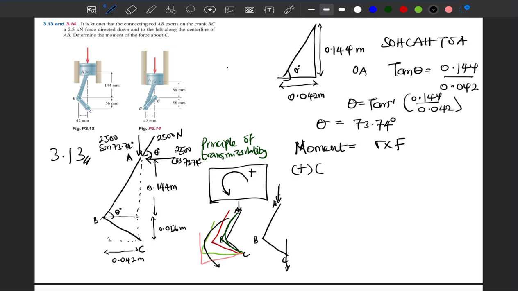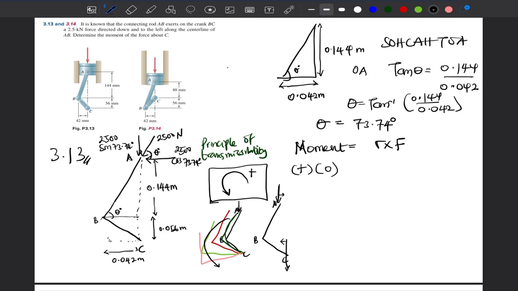Then we look for the distance between them. But if you look at our question here, we can see that A acts on the same line as C, which means that the distance between here and here is going to be zero. So there's no difference between the line of action of these two. So our perpendicular distance here is zero. We're going to write zero.